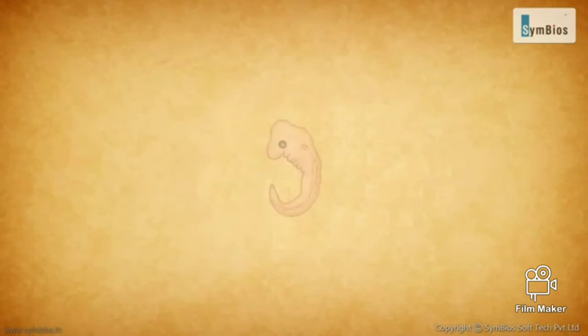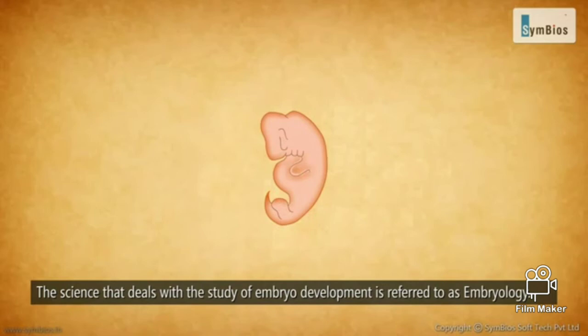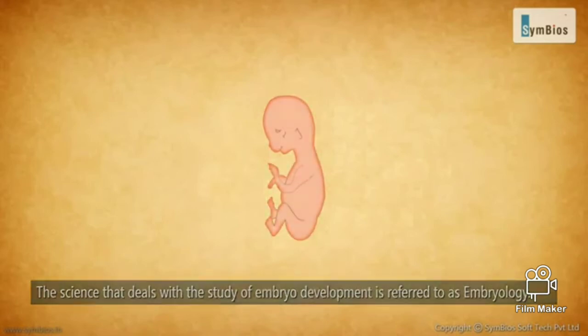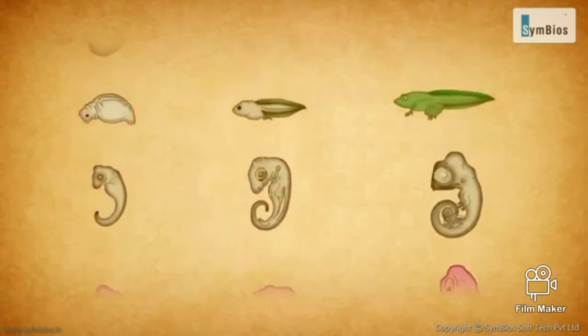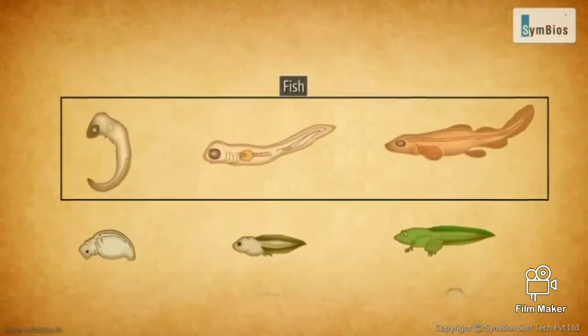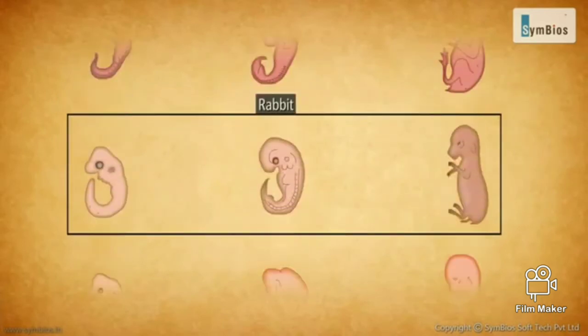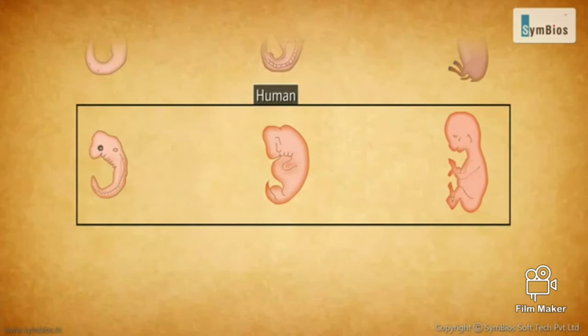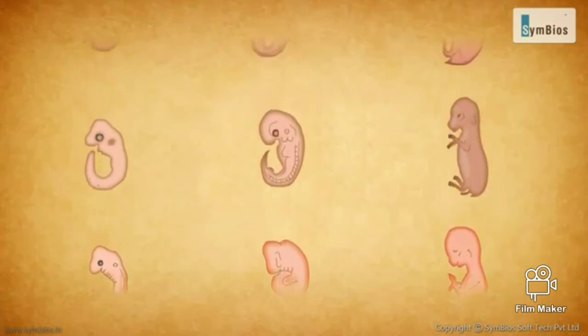Embryology. The science that deals with the study of embryo development is referred to as embryology. The study of embryology of different groups of animals like fish, frog, lizard, chick, rabbit, human, etc. reveals striking similarities in their structures.